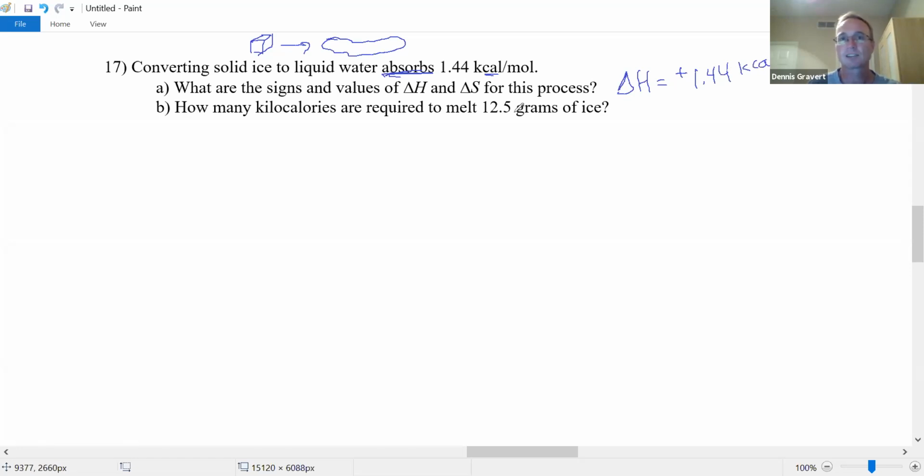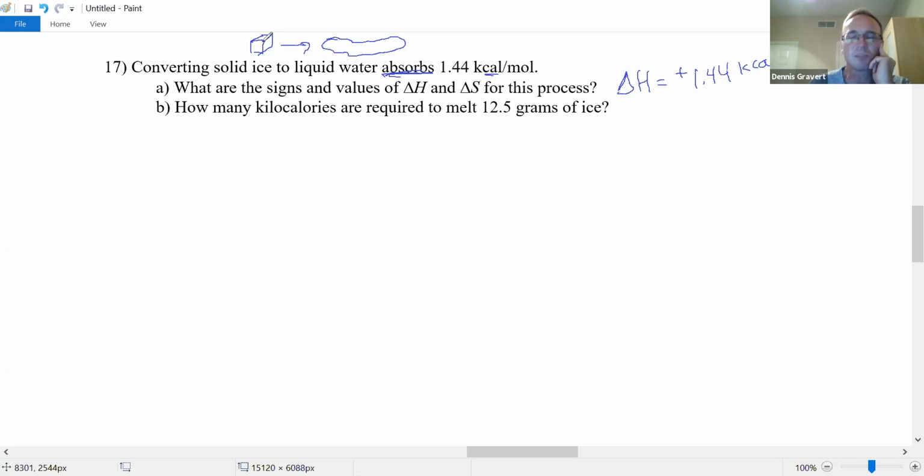Cool. Okay, so we found the sign, plus, and we found the value, 1.44 for delta H. Let's do it for delta S. Well, we can predict the sign. Is this getting more or less random? Well, if you know where the water molecule is at the corner, it'll still be there if it's solid.